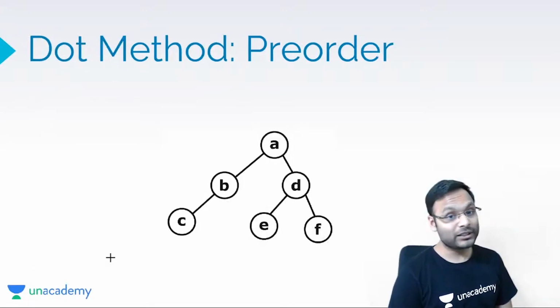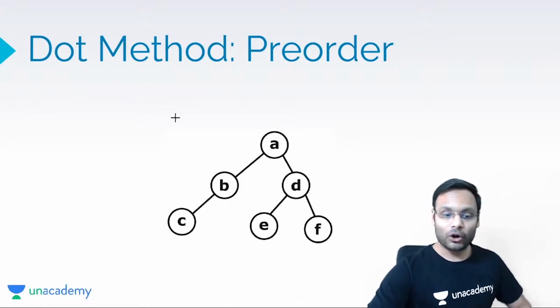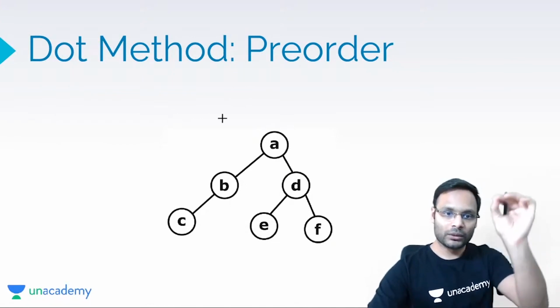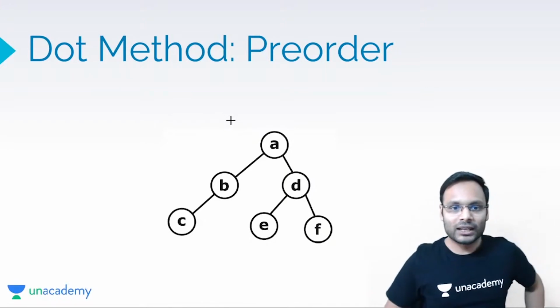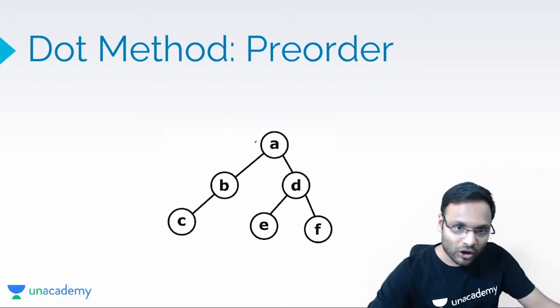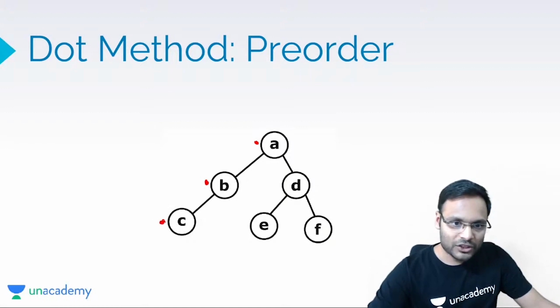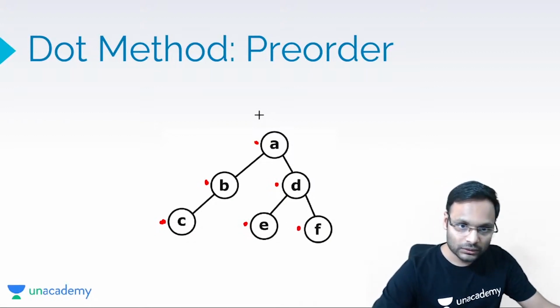If you remember the dot method, well and good. Otherwise I'll remind you again. In pre-order you traverse the node before its left and right subtree, right? So put the node pointer or a dot before the left and right subtree, here on the left side. Why? Just because we start from the left first here. Put the dot and after that start from the root.